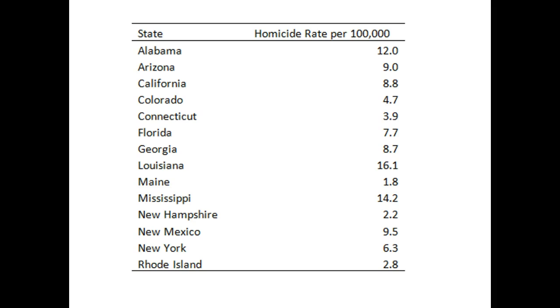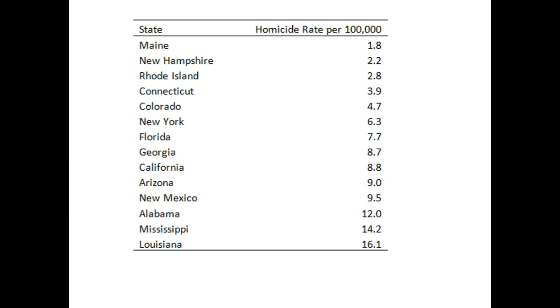So we could sort it. Obviously, one way is from least to highest. And so it jumps out that Maine is doing the best, and Louisiana I kind of want to avoid.